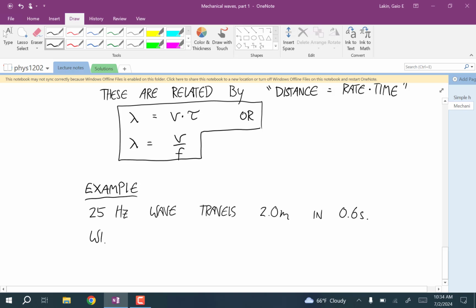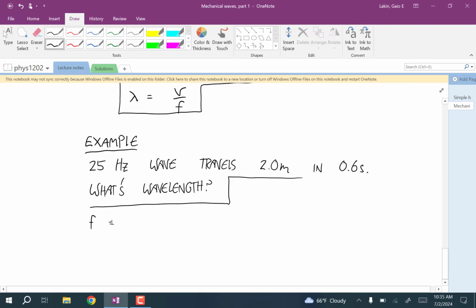And we want to know what's the wavelength. Well, we're already given that the frequency is 25 hertz. The wave speed we can come up with from the distance and the time. So the wave speed is 2 meters divided by 0.6 seconds, which gives you 3.3 repeating meters per second.